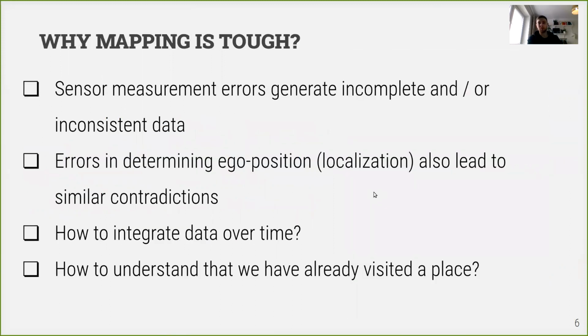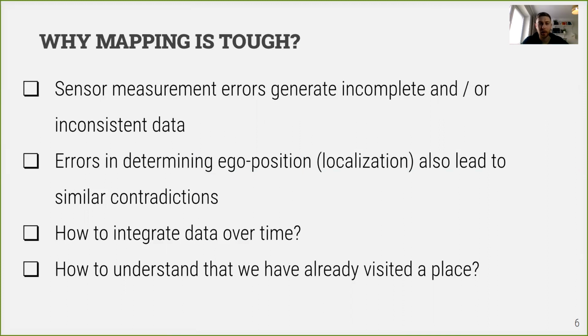And why is the mapping problem difficult? Because, as we already know, sensor measurements are prone to errors. Our measurements sometimes generate incomplete or inconsistent data, so two measurements can be in conflict even though we made them with a single sensor.